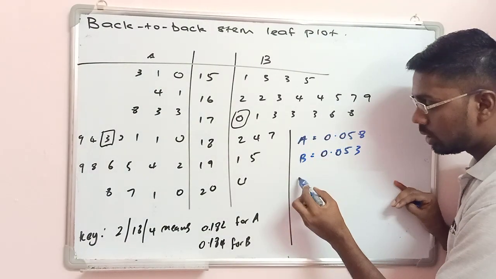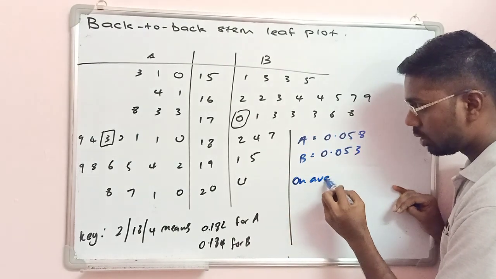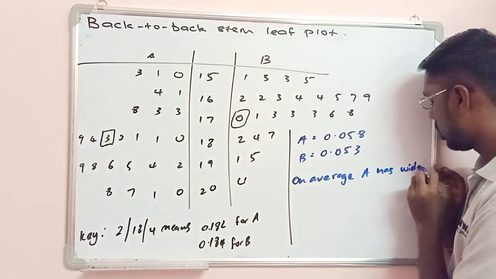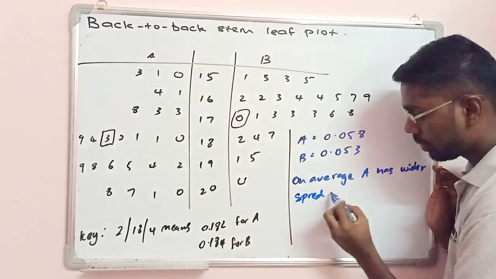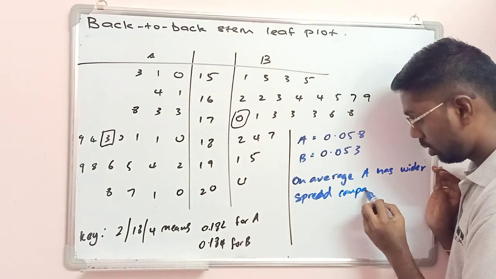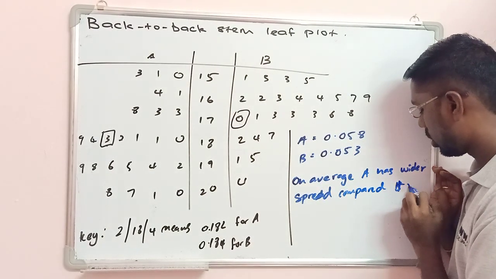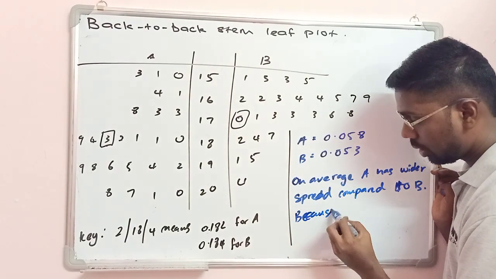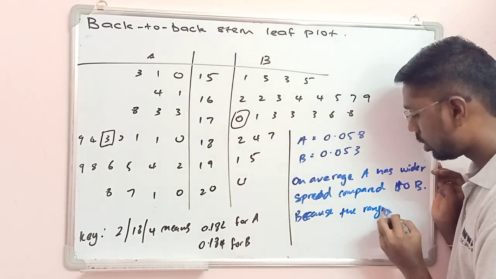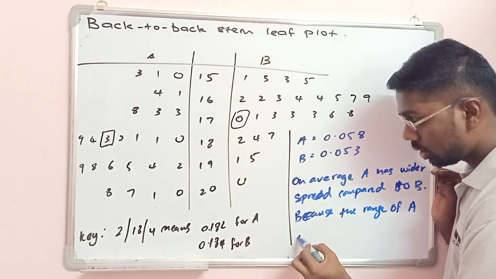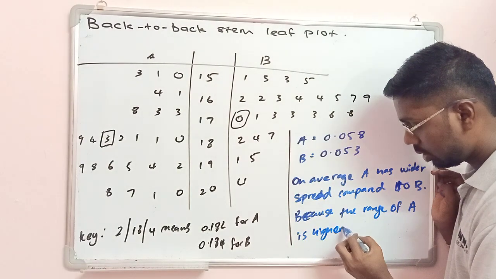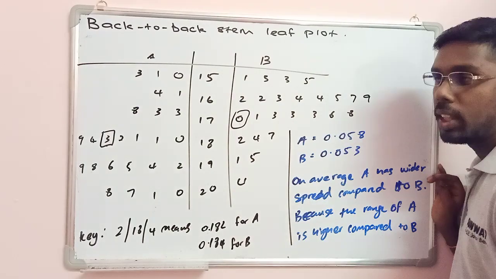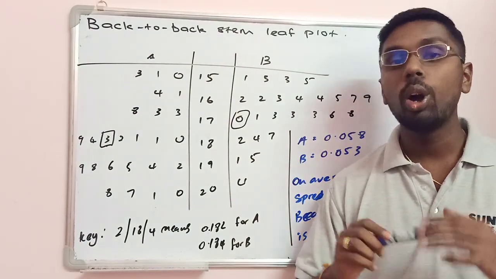So what we can say is, on average, A has a wider spread compared to B, because the range of A is higher compared to B. Okay, so for spread you can talk either about the range or the interquartile range.